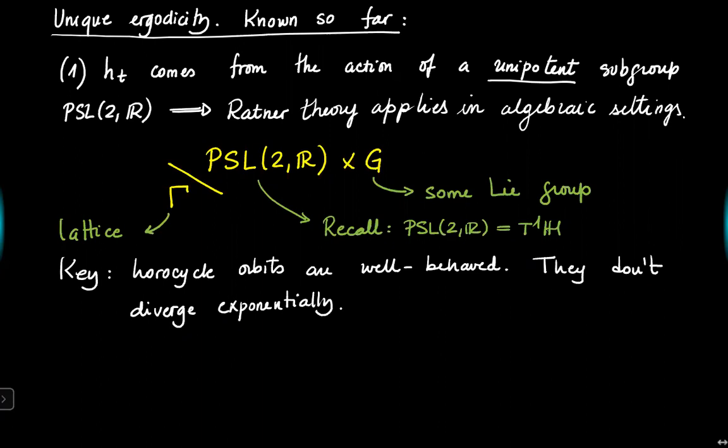So I remind you that the reason PSL2R is here is that PSL2R is the unit tangent bundle to the hyperbolic plane.